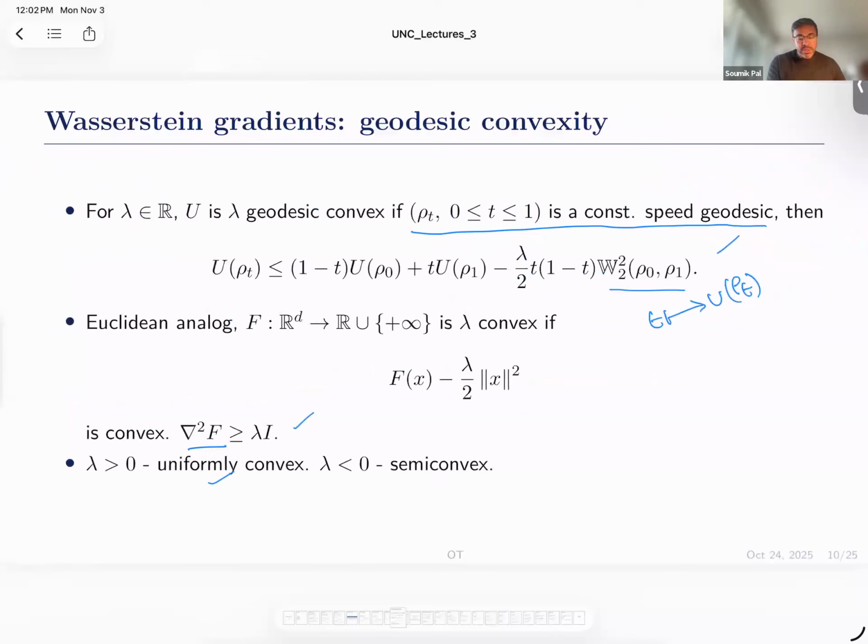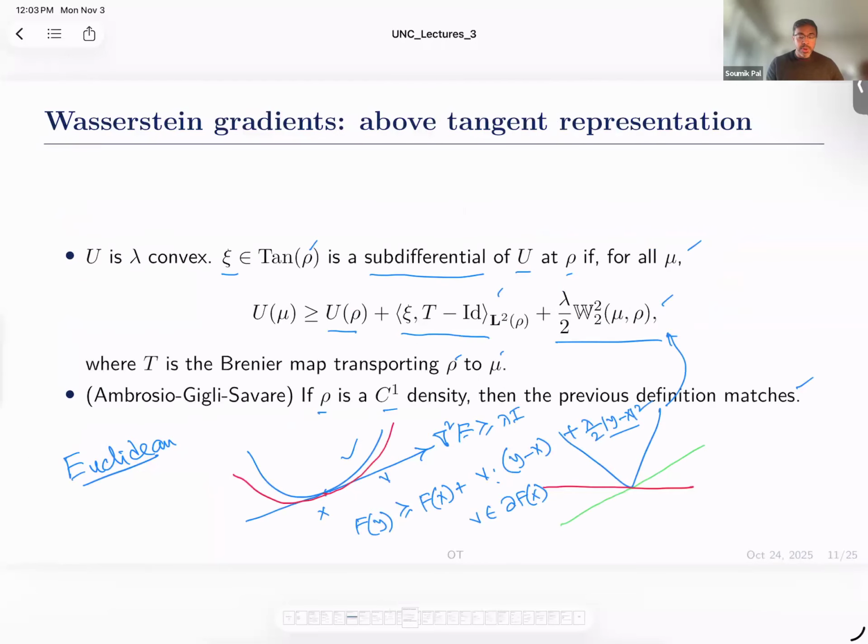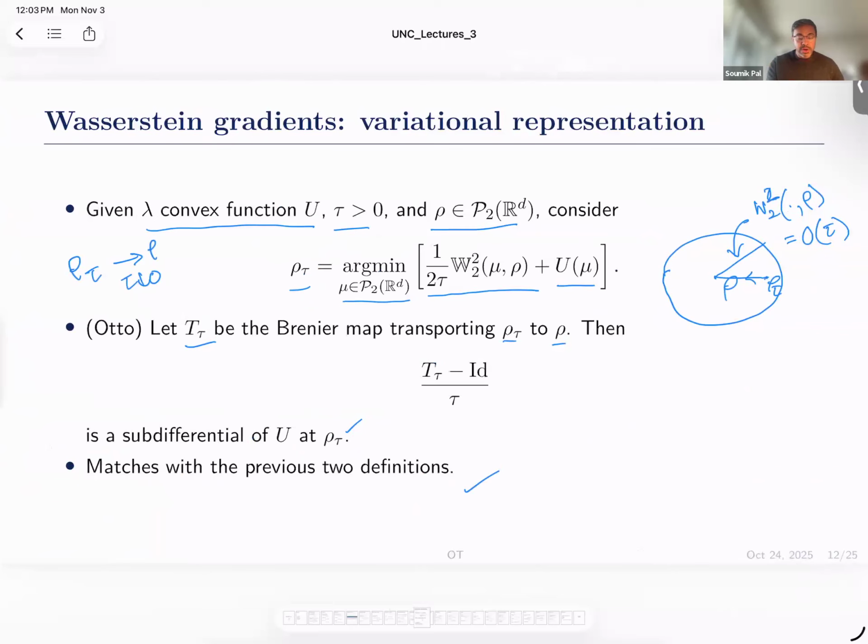You can show that if U is lambda geodesically convex, then this is a definition that you can use, which is this, the curve lies above the tangent. And then you can show that, okay, this formula that you computed will give you a subdifferential. And the third one is that, okay, the function may not have a nice derivative at the point rho, but you take a tiny radius ball around that point rho, and you look at where the function is minimized in the tiny radius ball.